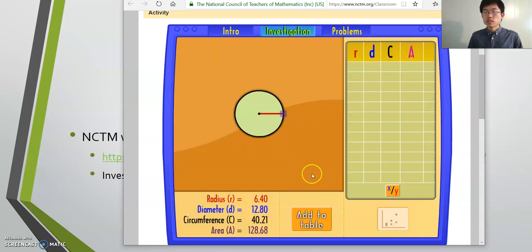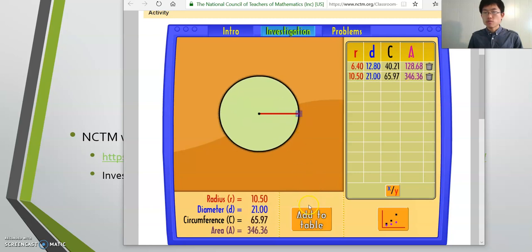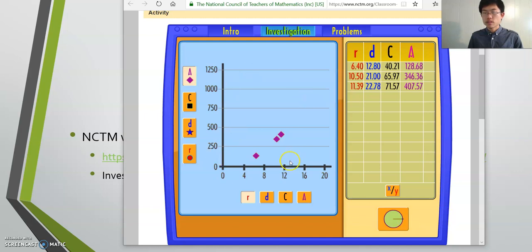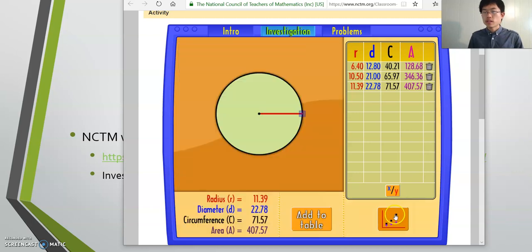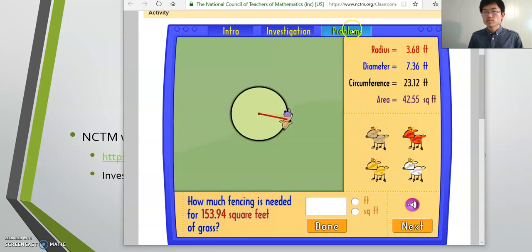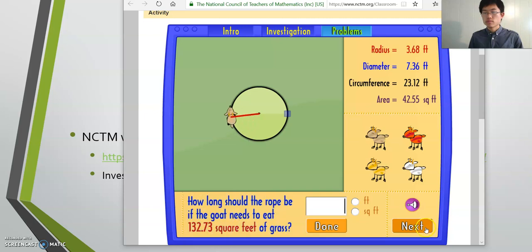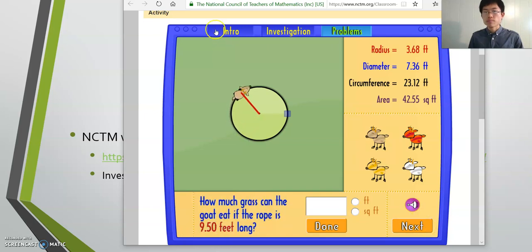After you put some of the values in a table, you can create a graph and show how the values are related. This will change the number over here. And problems: it's going to give you a problem. There are different problems you can look for.